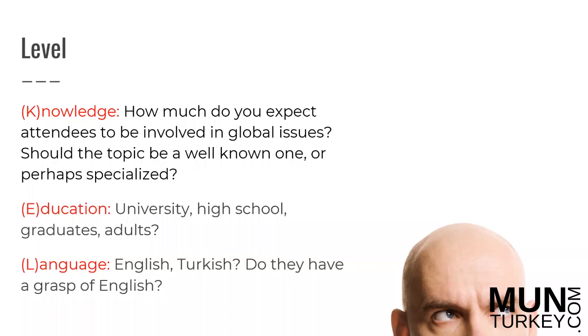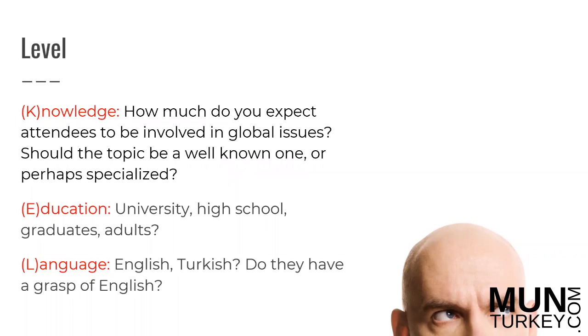So maybe you should consider whether you're expecting them to know a lot about what's happening in the world or not. Next, education. This is really important because it's something we face, especially in big conferences. Are your delegates going to be university students? High school students? Graduates? Adults? Teenagers?